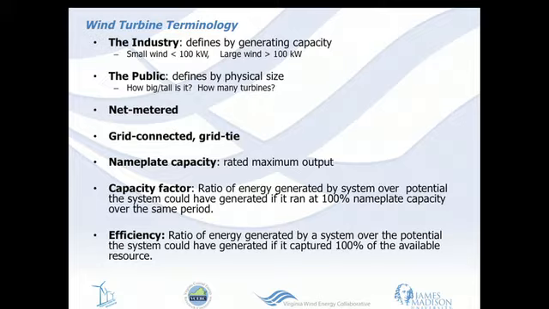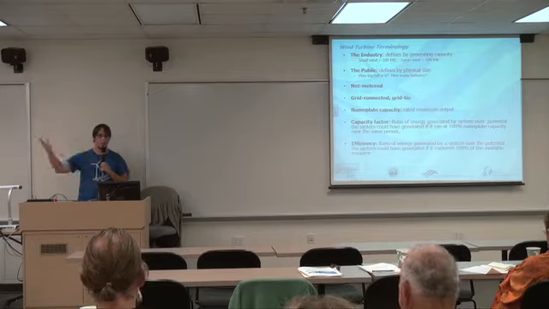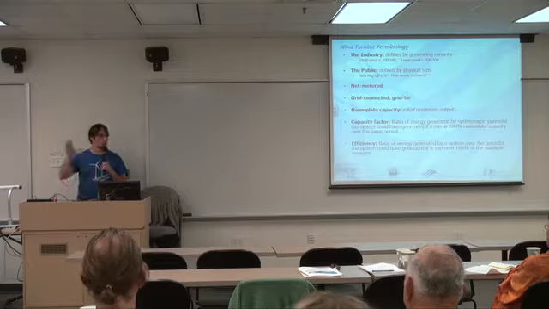Whereas efficiency is a ratio of the energy generated by a system over the potential the system could have generated if it captured 100% of the available resource at the time. So efficiency would be describing that we have this flow of wind, there was the potential to capture so many kilowatt hours of energy from it, but we only captured this percentage of it. Capacity factor would be describing how much you could have generated if you were able to generate at that ideal 100% nameplate capacity for that whole time.